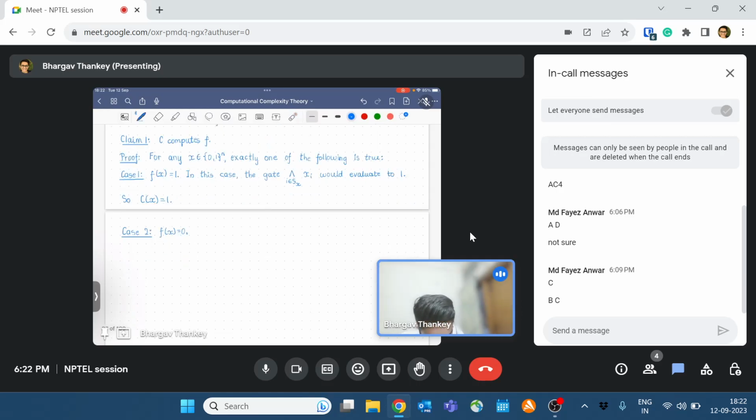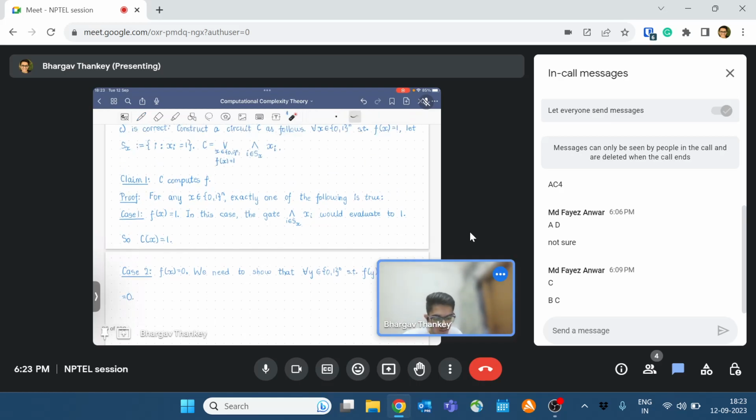So we need to show that for all y in {0,1}^n such that f of y is equal to 1, the gate AND over i in Sy of xi equals 0.